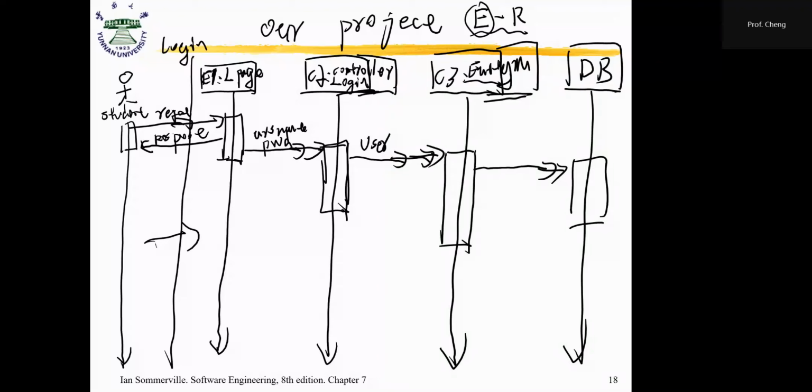Login actually is to check whether the username matches the password, right? So here, the database will check whether the username matches the password. If it is matched, then it will return what? Okay, return okay.